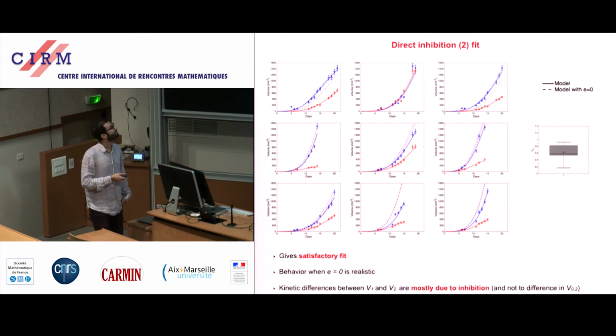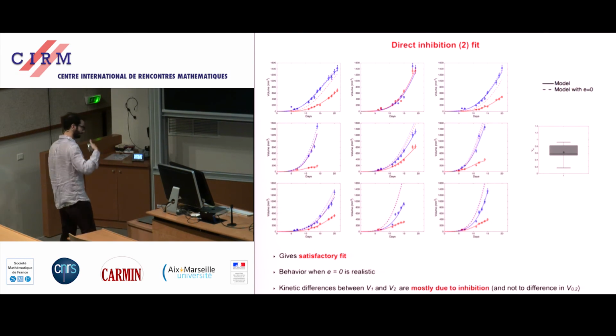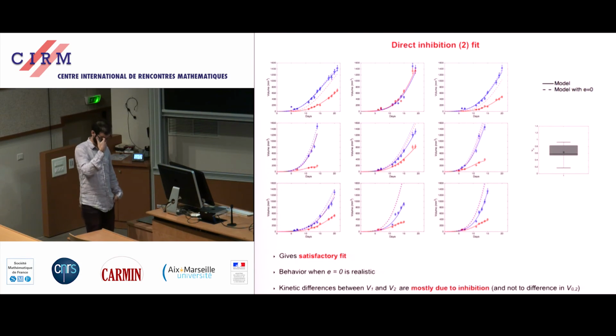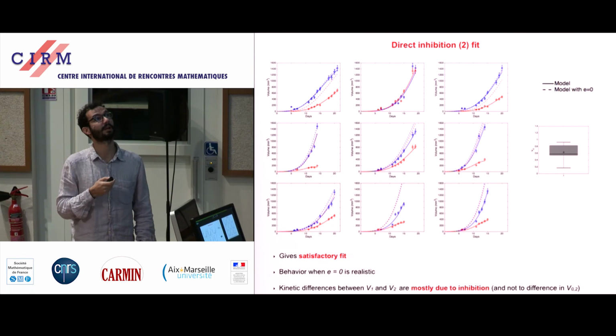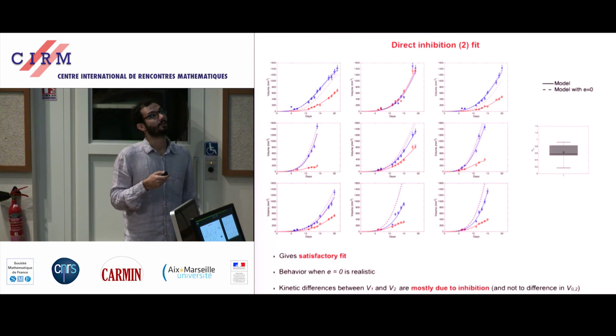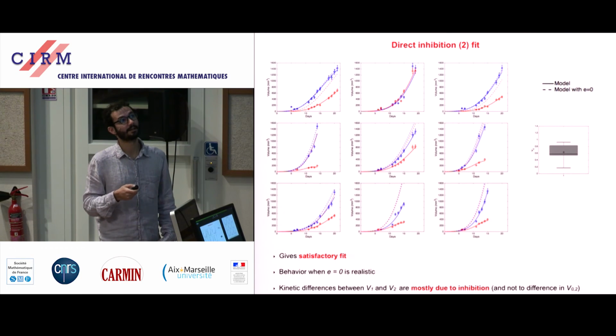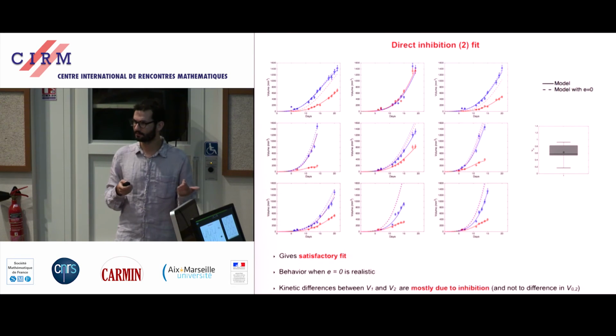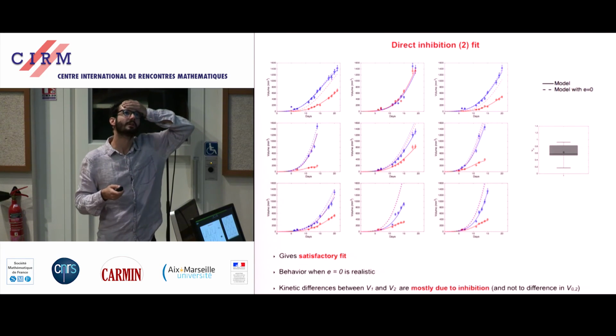So the best model in terms of biological relevance, goodness of fit and identifiability of the parameters was the model with direct inhibition. It's what you can see here. It fits quite well all the data with, I think, maybe only 3 parameters.